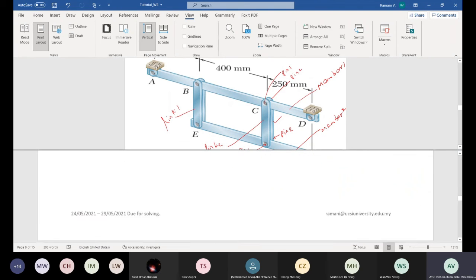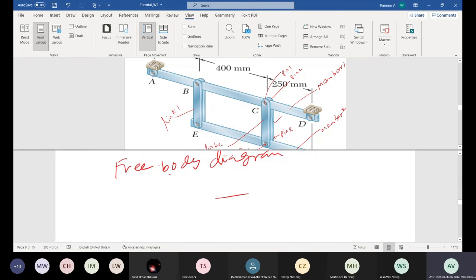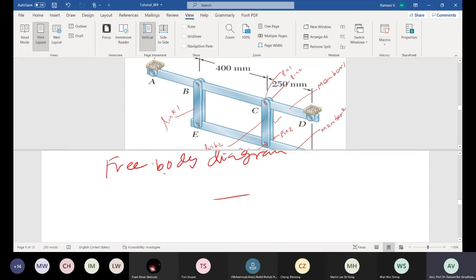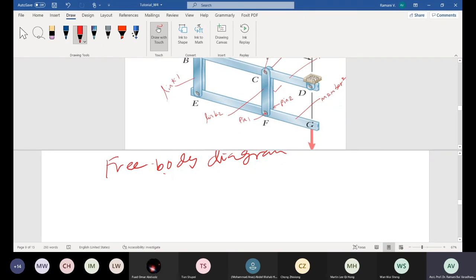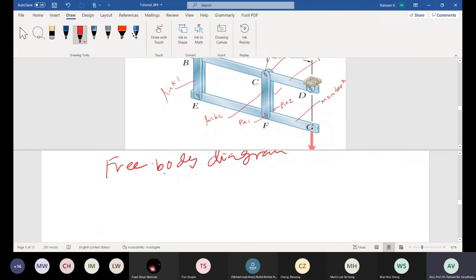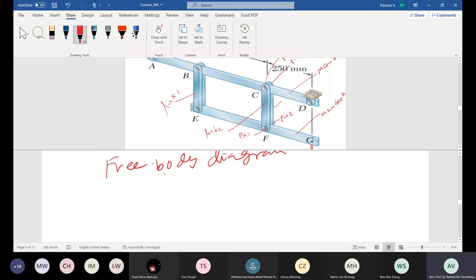Start from here. Draw the free body diagram. You are asked to find the value at CF. When it is loaded like this with a support here, the same applies at this point too.